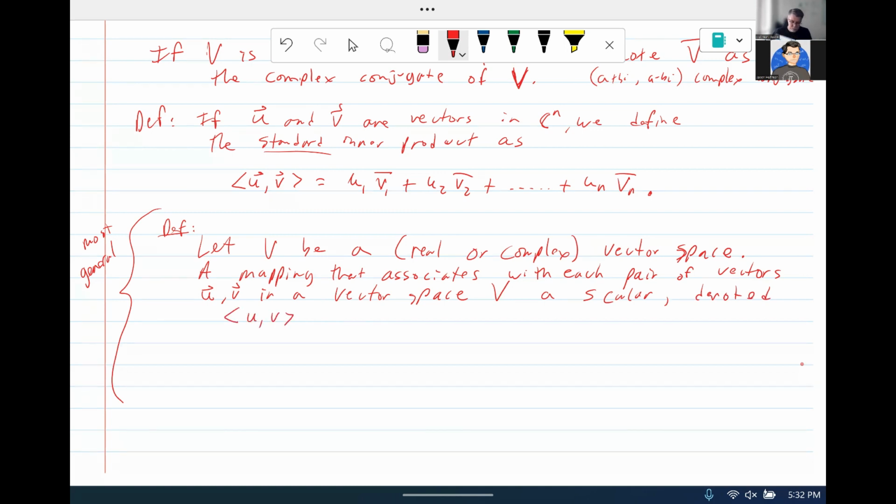Is this right? Let me go to the book real quick, make sure the definition is correct. I'm pretty sure I copied it right out of the book. But why are they calling it a scalar? Scalar, yeah, no, that's right.